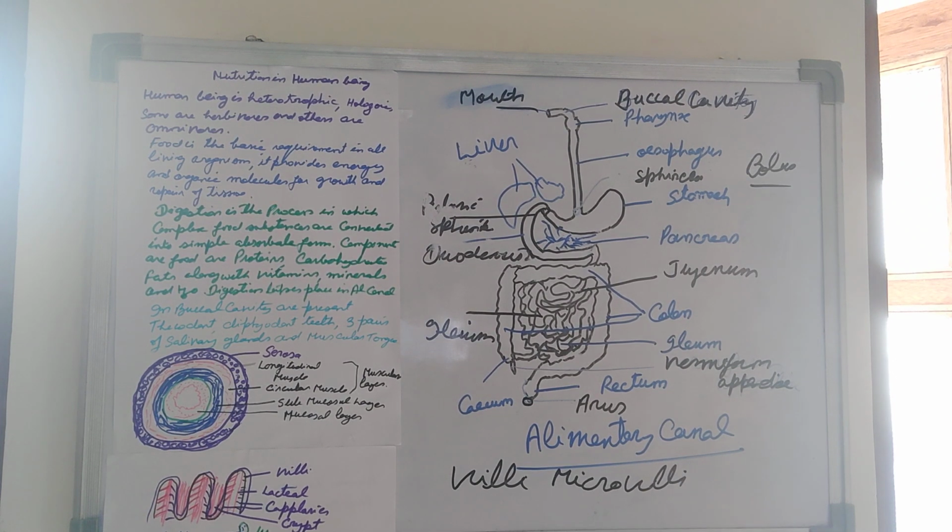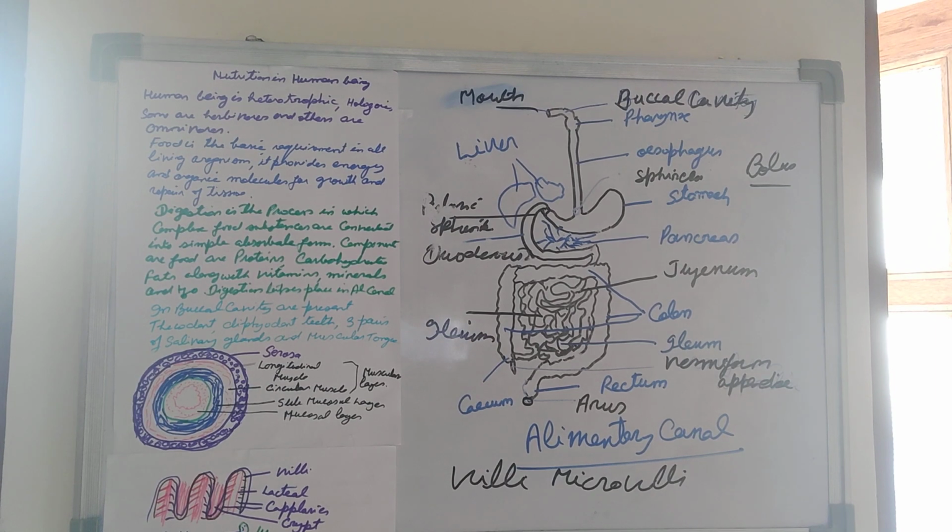What are the enzymes produced in the alimentary canal? Three kinds of enzymes are released into the alimentary canal: amylase, lipase and protease. Amylase acts upon the carbohydrates, protease acts upon the proteins, and lipase acts upon the fats.